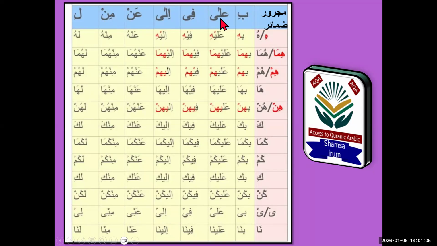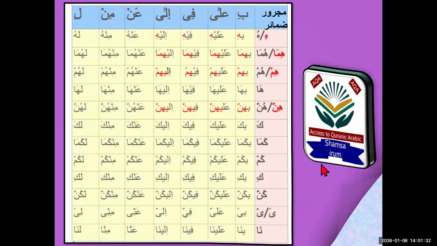Prepositions and pronouns, I mix them because I'm talking about both of these together. These are the 7 prepositions that come with pronouns. One by one, all the charts are ready, so if you want, you can practice with all of these, and when you complete the charts, you can check with my notes as well.